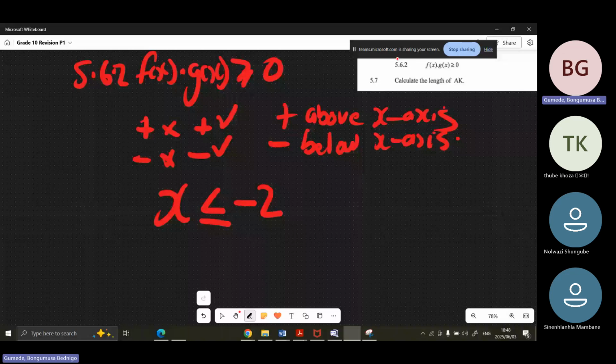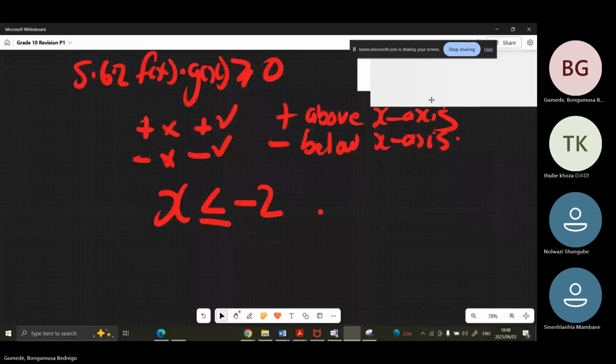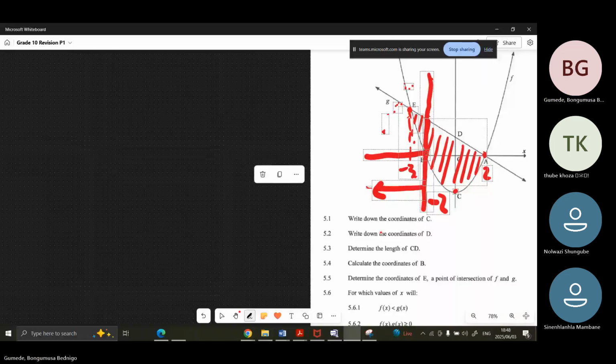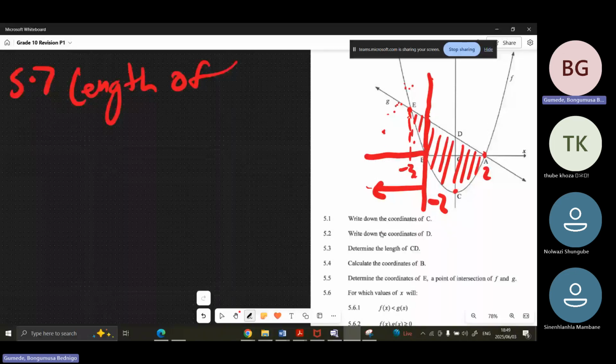Calculate the length of AK. So you can't see K there.